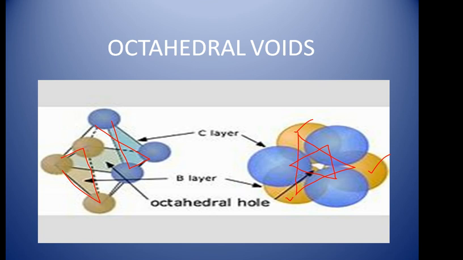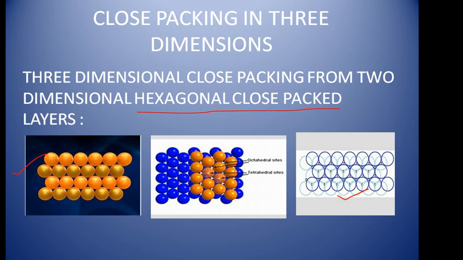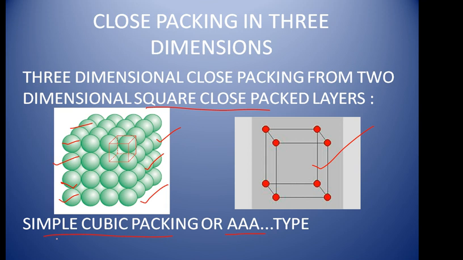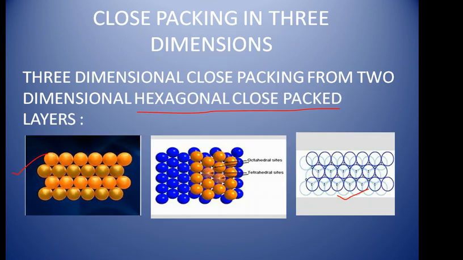In case of simple cubic lattice, all the layers were equal. You consider this one, all the layers were equal. But in this case, when you are stacking the second layer over the first layer, you get two types of voids. One is octahedral void, another is tetrahedral void.